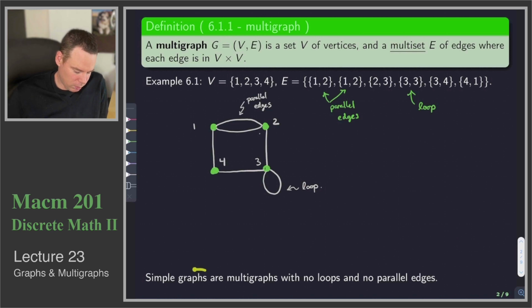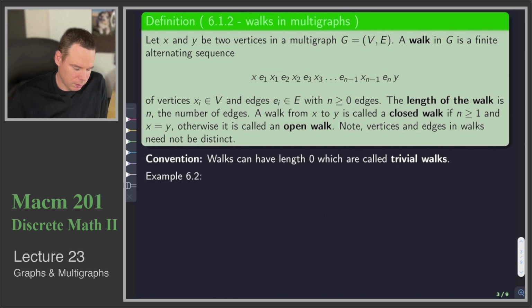And those are what we call our graphs from before. So our graphs, we've just extended now the idea by adding the possibility of having parallel edges and the possibility of having loops. And if we have any graph that has parallel edges and loops, that's what we call a multigraph. So let's go ahead and look at some more terminology.